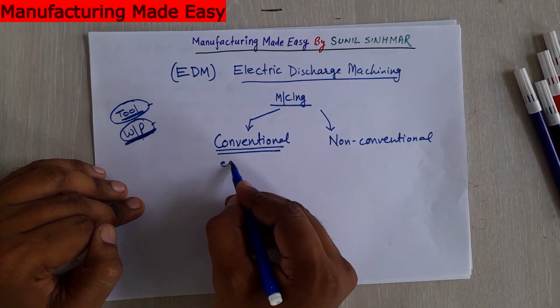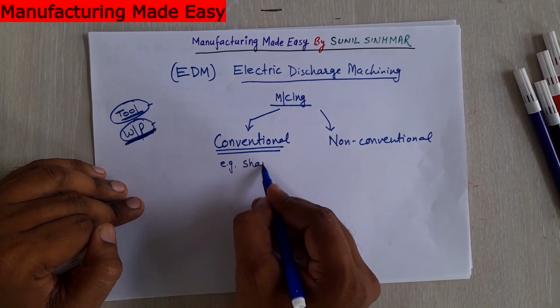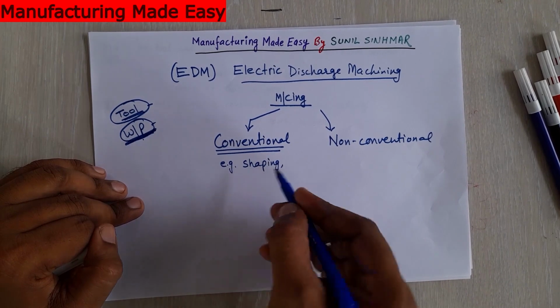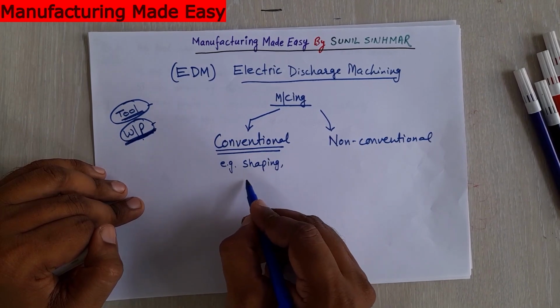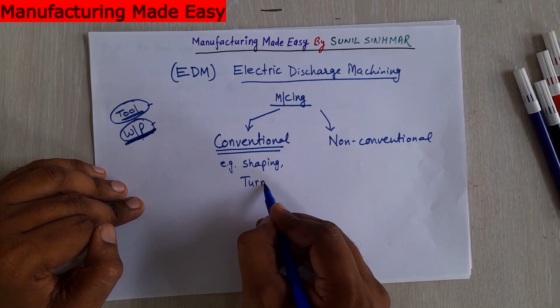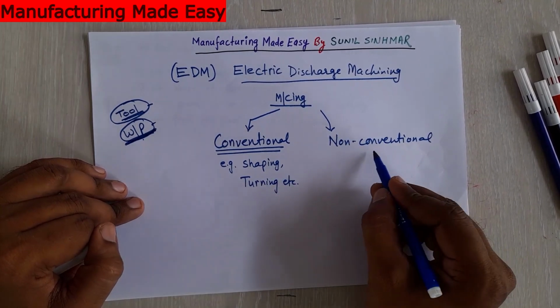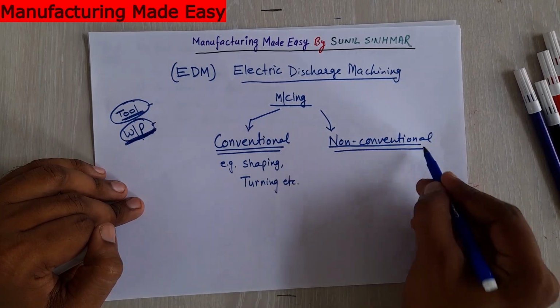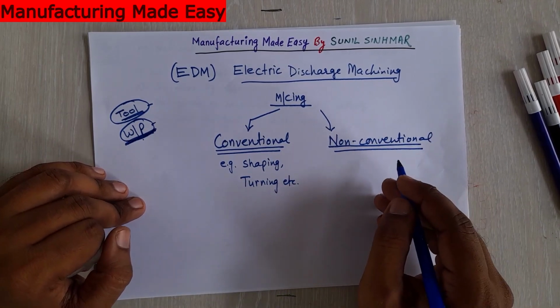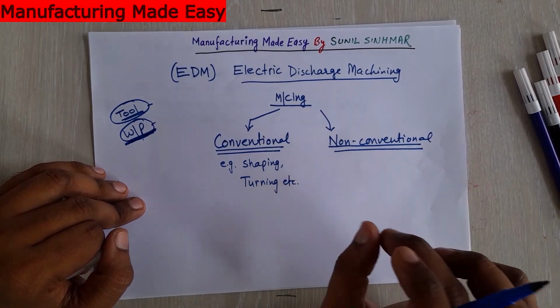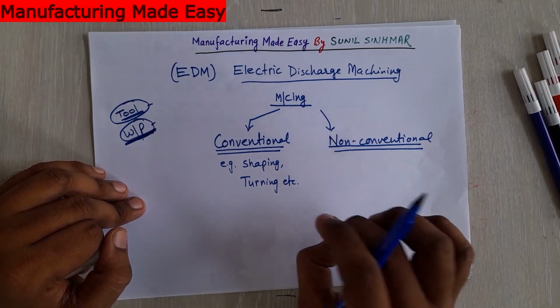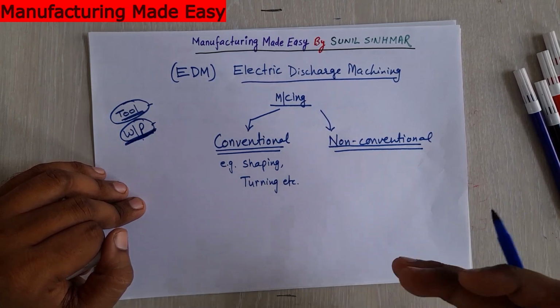For example, shaping, and on a lathe we can say turning, etc. In non-conventional machining processes, the tool and workpiece are not in direct contact; they are not touching each other.